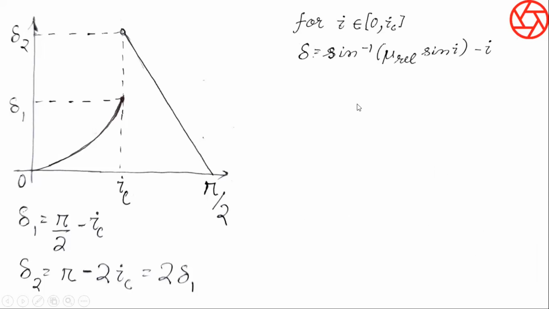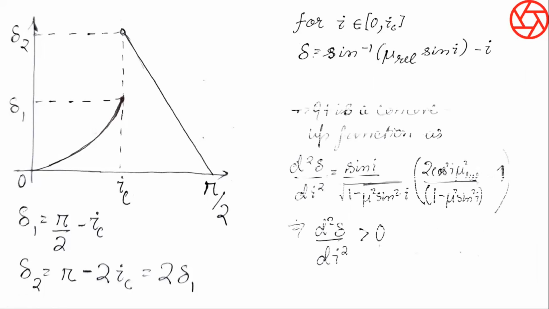Now, how is it a concave up function? You have to take into consideration the double derivative itself. Here I have calculated the double derivative of the angle of deviation with respect to the angle of incidence, which is equal to this value, where I have taken common sine i by root of 1 minus mu square sine square i, and this one is left inside the bracket.